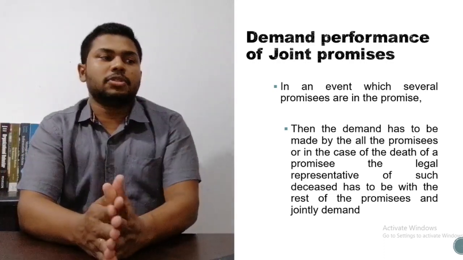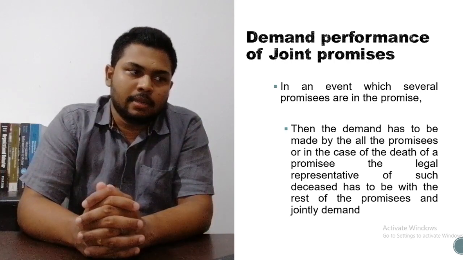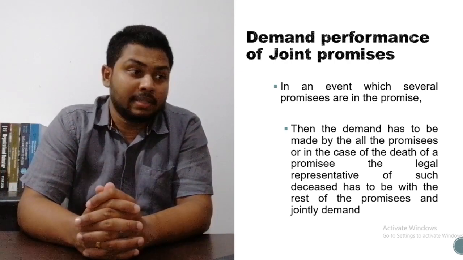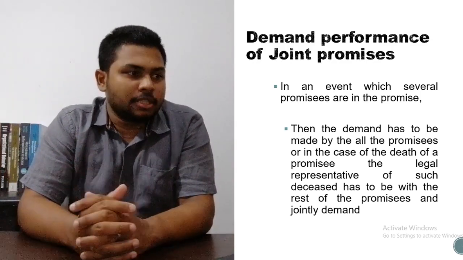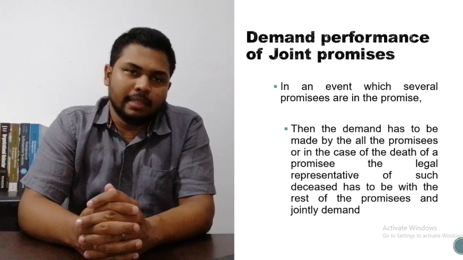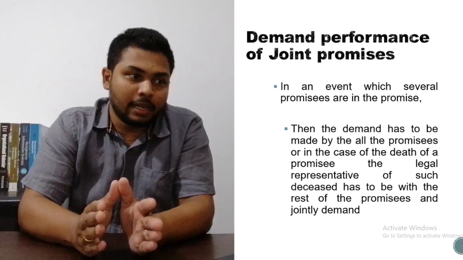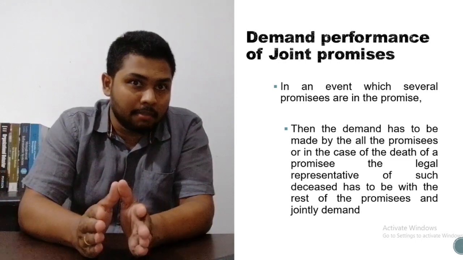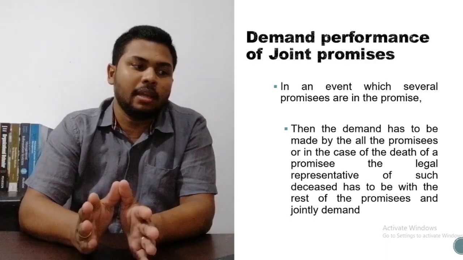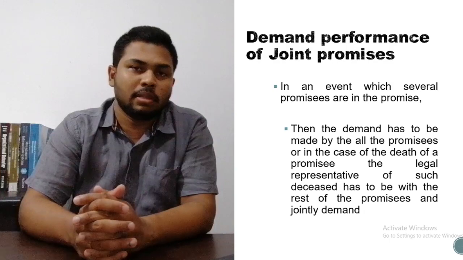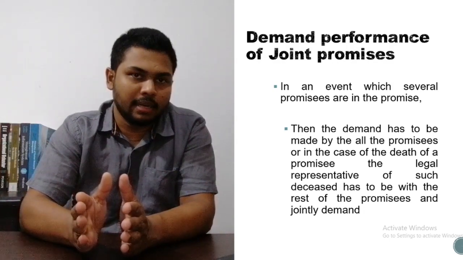In an event where several promisees are promised, the demand has to be made by all the promisees, or, emphasize on this, in the case of death of a promisee, be careful, the legal representative of such deceased has to be with the rest of the promisees. With the absence of one promisee, you cannot make any demands.